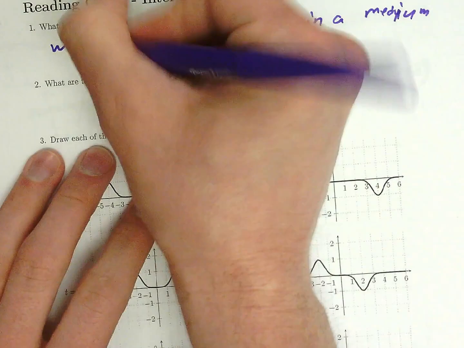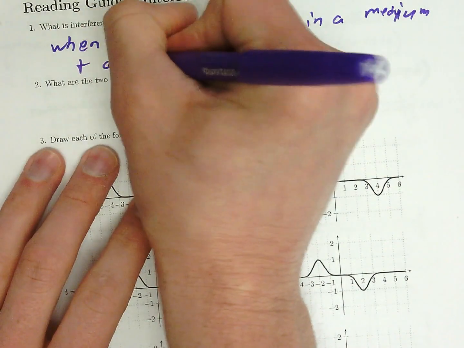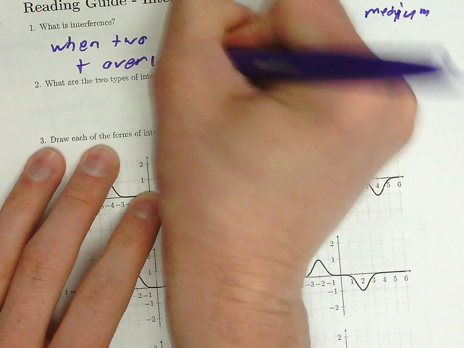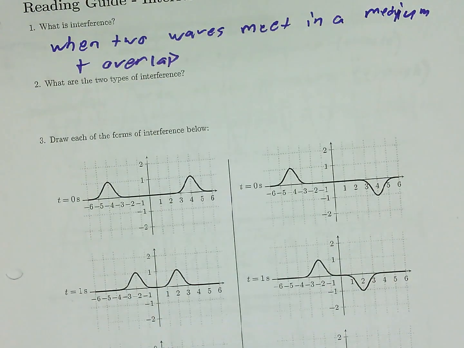When two waves meet in a medium and overlap, it's when they meet in the middle and overlap on a medium. Okay, so whatever they're traveling through, they meet in the middle.